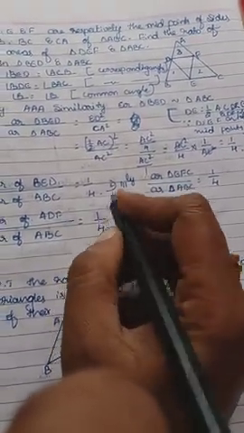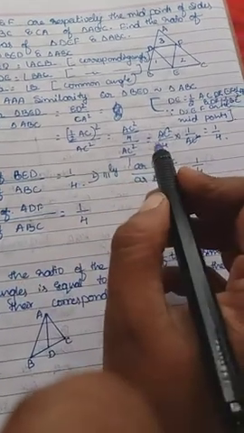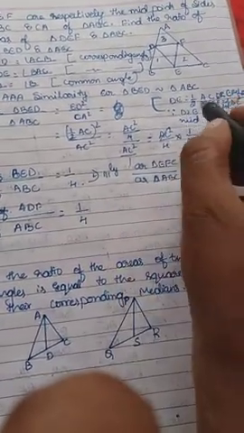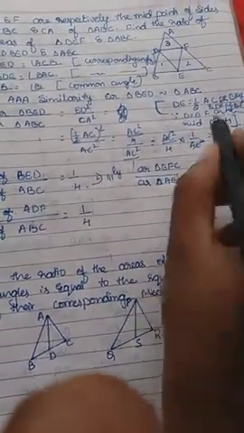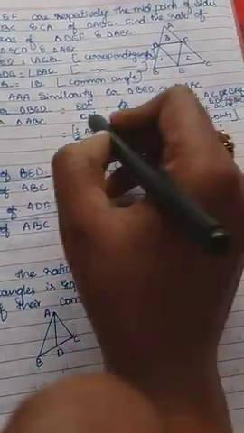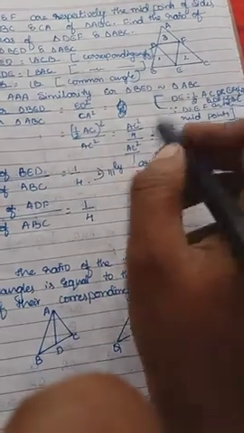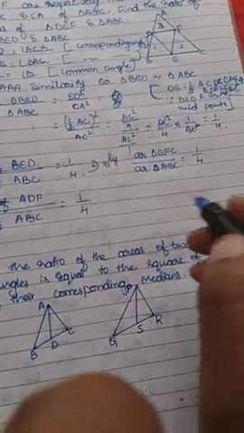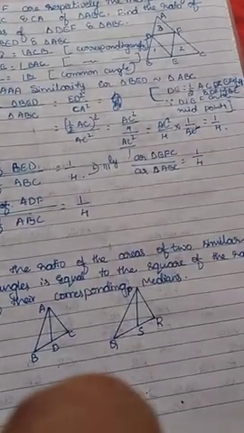How? We take DF square divided by BC square. In the place of DF we substitute half of BC, so BC square gets cancelled, remaining 1 by 4.